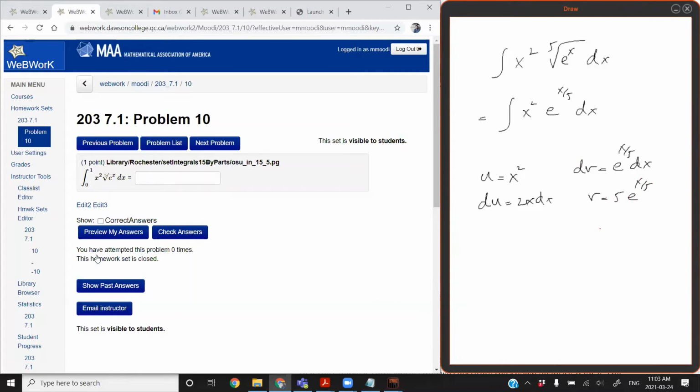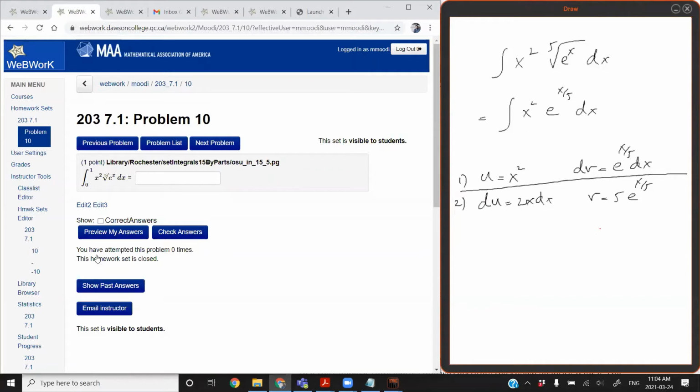I don't understand this part. You don't understand this part? Just the dv and v, how to pick them. Look, this is step 1, and this is step 2. You have to ask yourself, from step 1 to step 2, what am I doing?